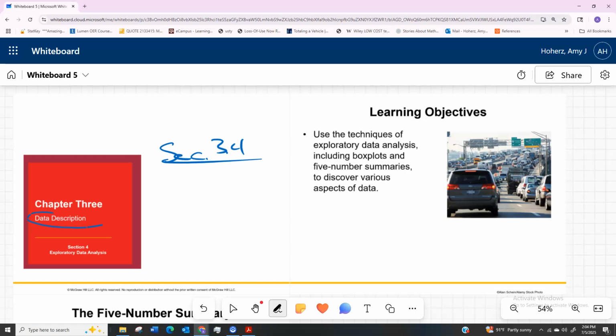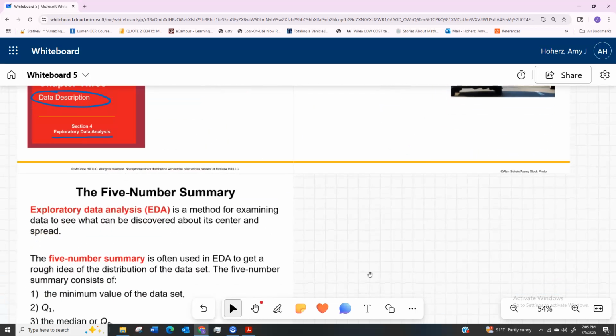We're still talking about data description, and now we're talking about something called exploratory data analysis. So it says we're going to use the techniques of exploratory data analysis, including box plots and 5-number summaries, which sounds like two different things, but the 5-number summary is what we use to get the box plots, and that's our objectives for this section.